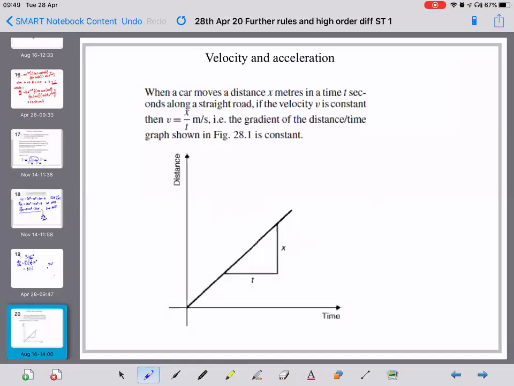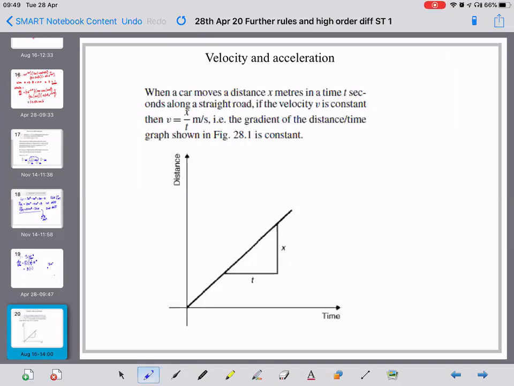Right, velocity and acceleration. So when a car or any other vehicle moves a distance x meters in a time t seconds along a straight road, the velocity v is constant, and the velocity is equal to x over t meters per second, i.e. equal to the gradient of the distance versus time graph. So what we're saying here is velocity is the slope of the graph, or the rate of change of distance with time.